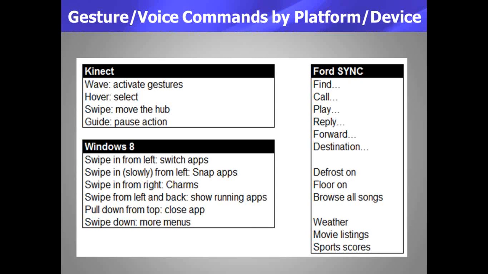So if you're making a modern app within Windows 8, I think you almost have to have some information presented to your customers about how to do the different touch interactions. And then apps that are appearing in automobiles tend to have a controlled vocabulary, like the Ford Sync.